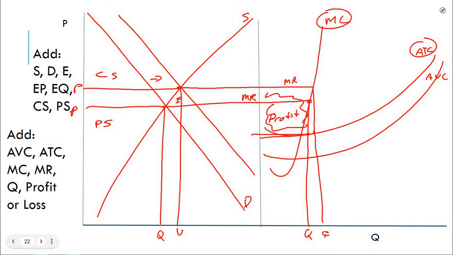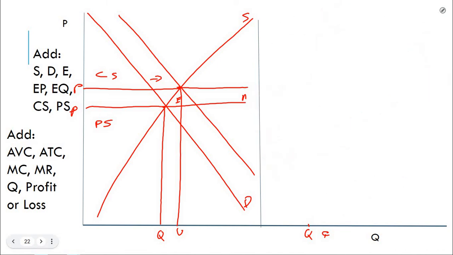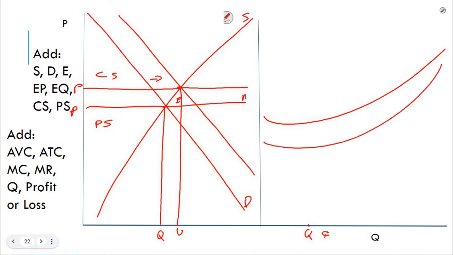We can also see what happens when marginal revenue falls, so we'll redraw all of this. So here's our original marginal revenue curve.